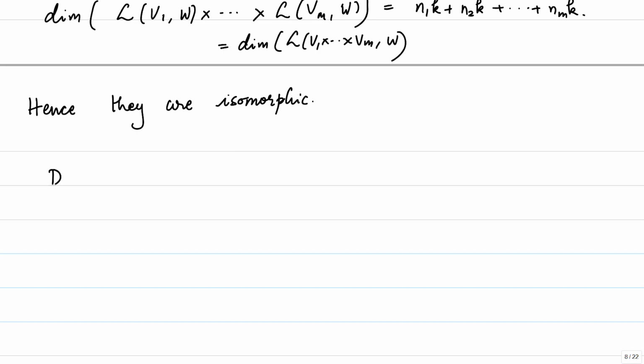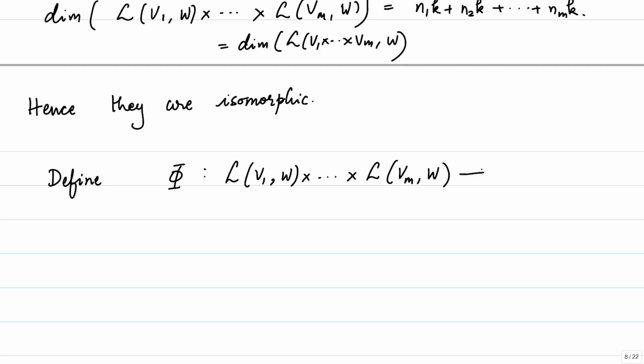So let's define a map phi from L of V1 W cross this particular product vector space up to L of Vm W. So notice that each of these are vector spaces and the product vector spaces defined in the usual manner.